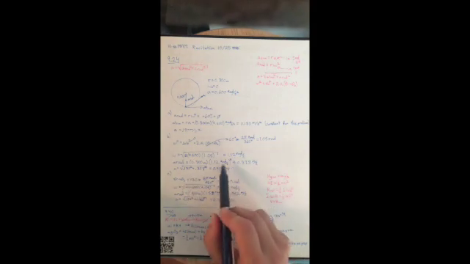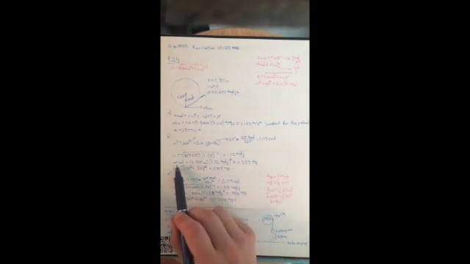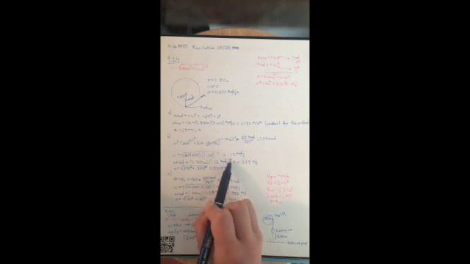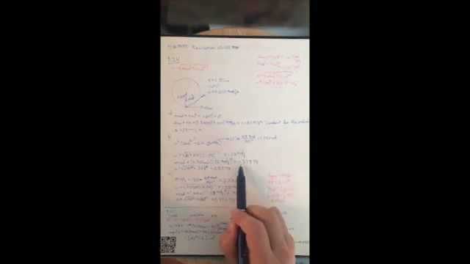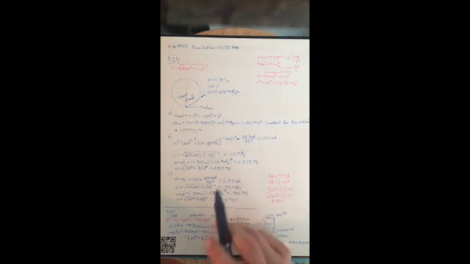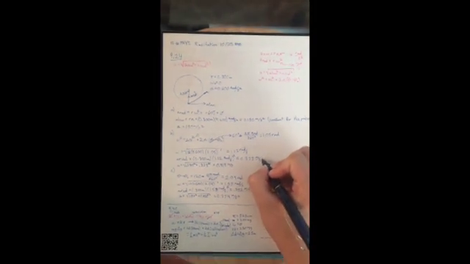Then you can insert that into the radial acceleration equation, r times w squared. We have r times w squared equals 0.378 meters per second squared.